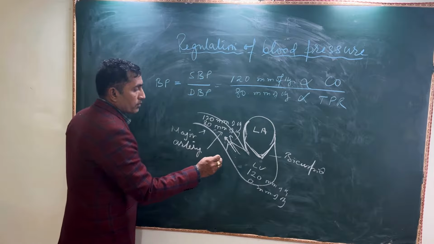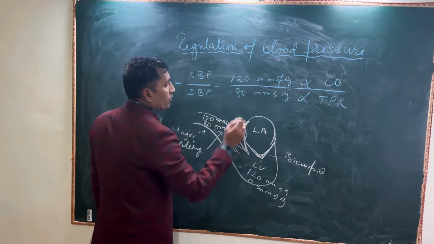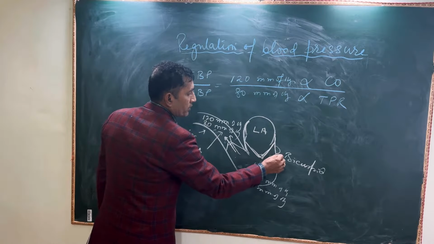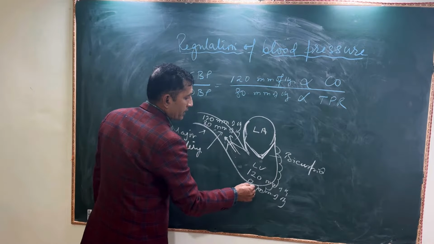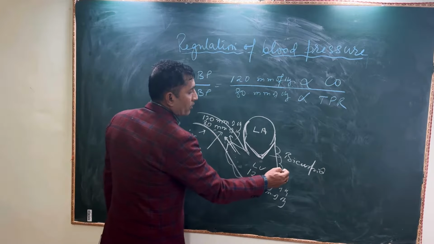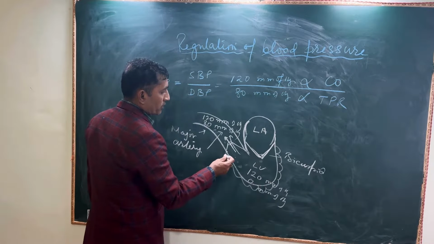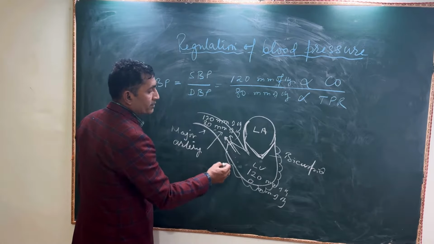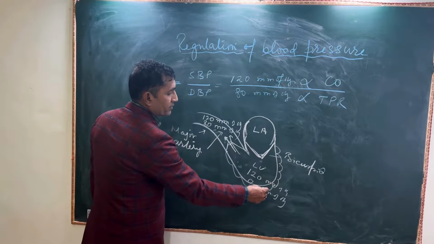Now here, if we increase the cardiac output, we can see it at the time of systole. This type of diagram represents the systole present in the ventricle.